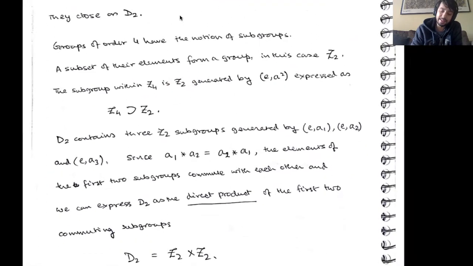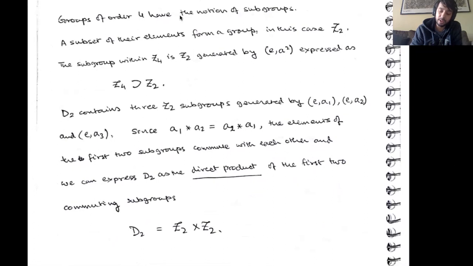D2 also has three interesting Z2 subgroups, generated by e and a1, e and a2, and e and a3. Since a1 star a2 is a2 star a1, the elements of the first two subgroups commute with each other, and we can express D2 as this direct product over these two commuting subgroups, so D2 can be expressed as Z2 cross Z2.